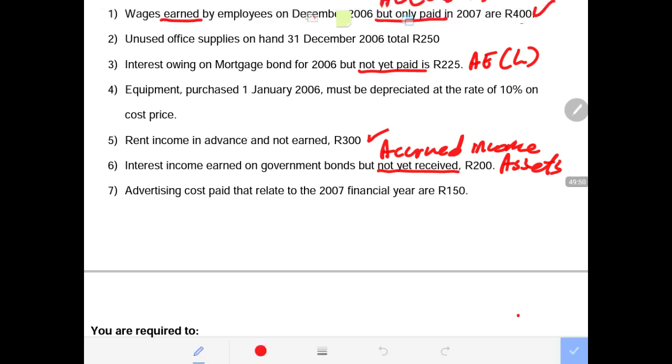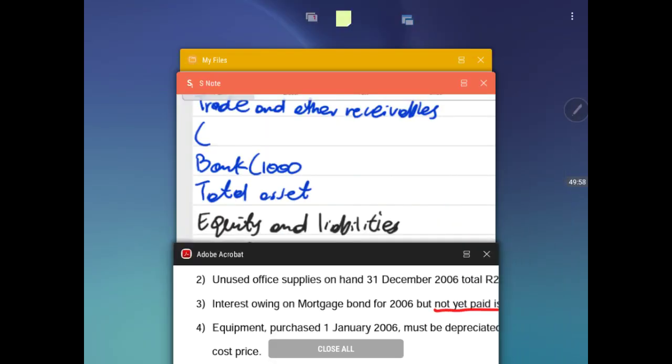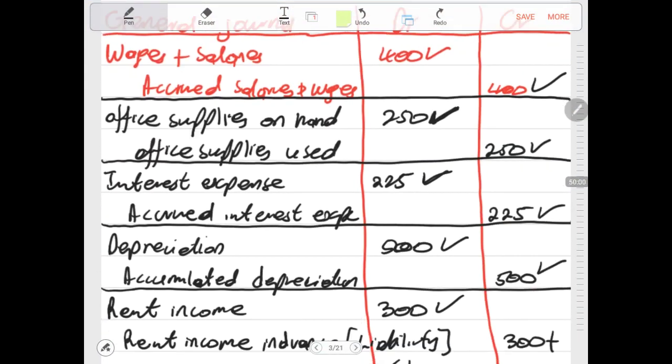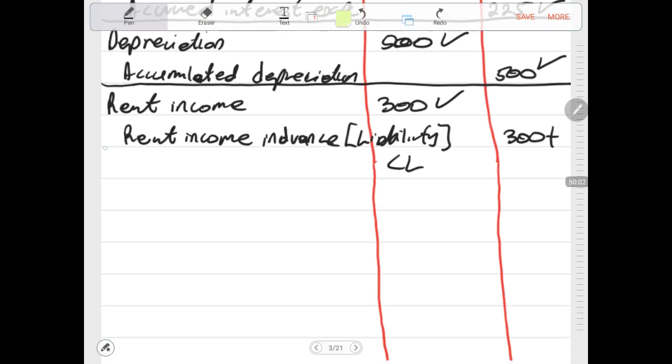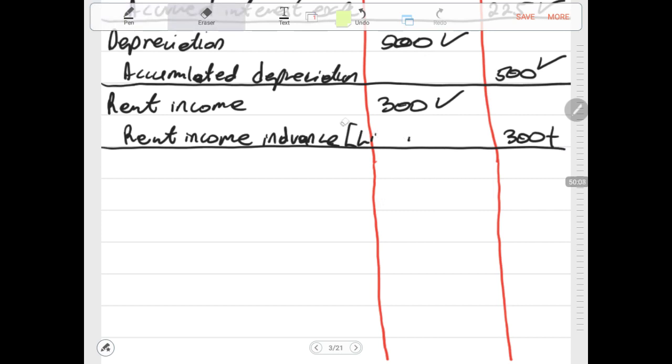Now, we said that accrued income is an asset. So now this 200 must be debited, increasing our assets. So now we will debit our accrued income, income that is not yet received but was supposed to be received.